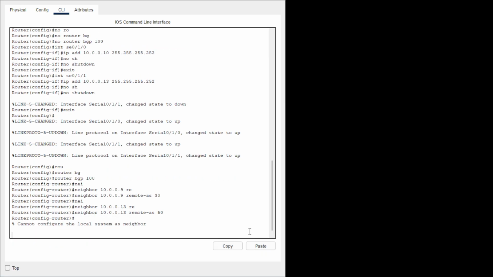Sorry, I have done one mistake. It should be 14, not 13, because 13 is its interface IP.